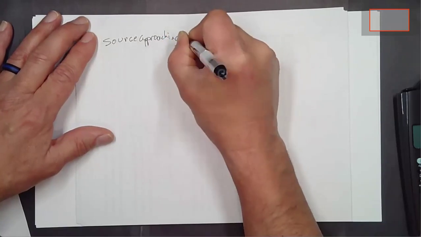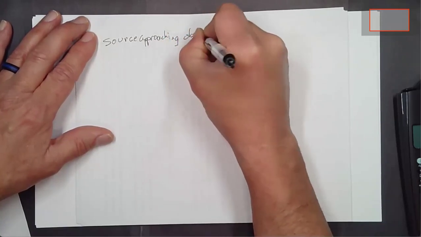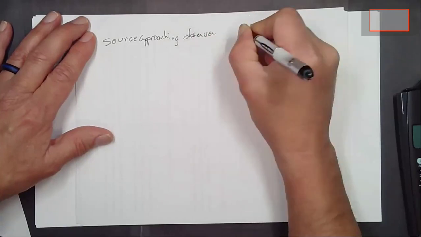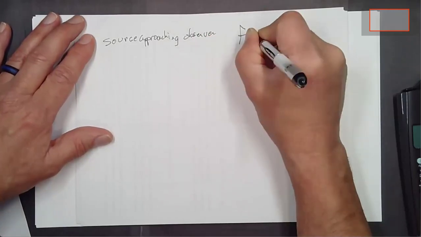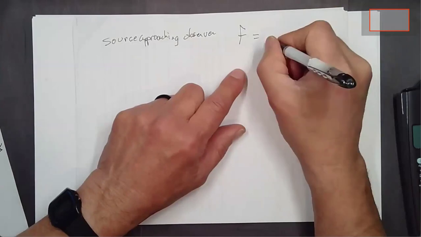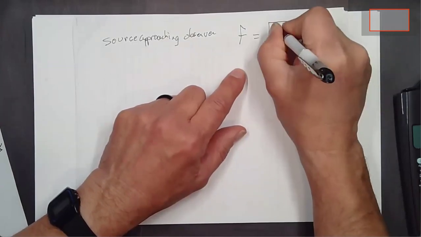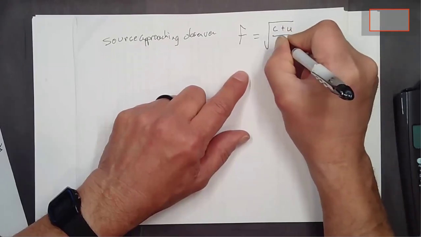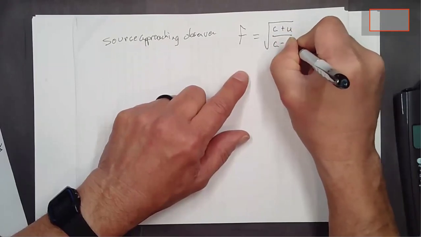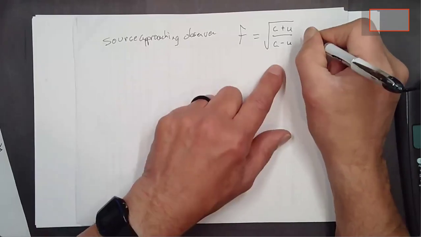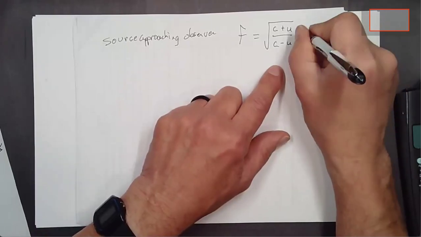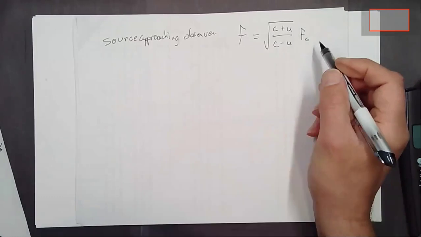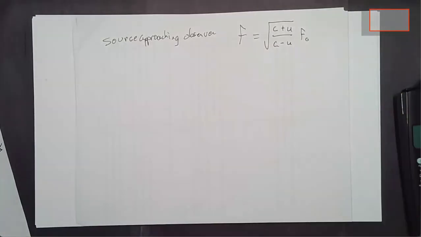The frequency shift that's observed ends up being the square root of C plus U over C minus U, where U would be the speed at which the source is approaching the observer, and this would be times the initial frequency.